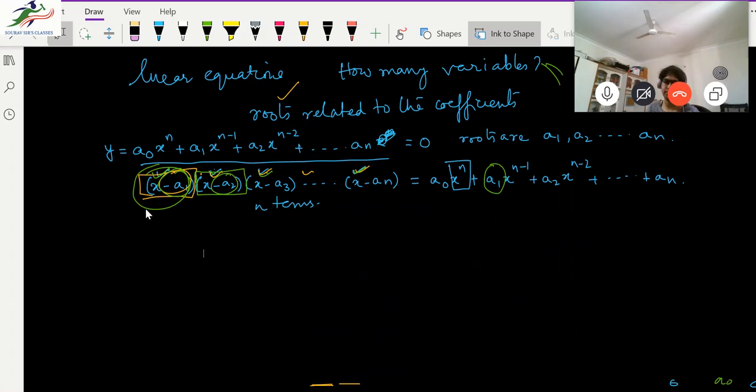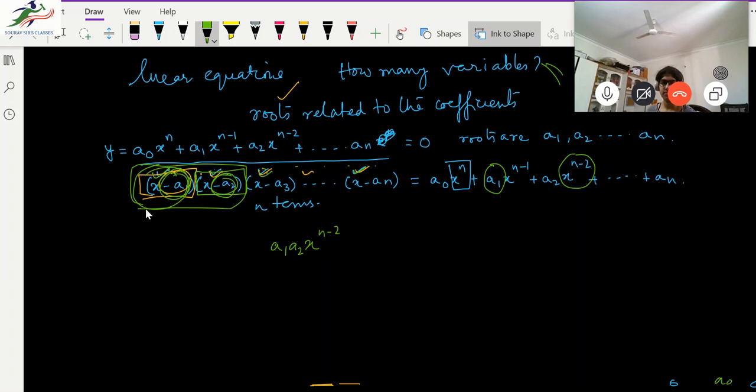Now, similarly, we can do this for other terms. So if I take x to the power n minus 2, that means I have to keep two terms out and multiply the x terms of the rest. So I will get x to the power n minus 2, and with that I will multiply the constant terms of the first two terms, a1, a2.